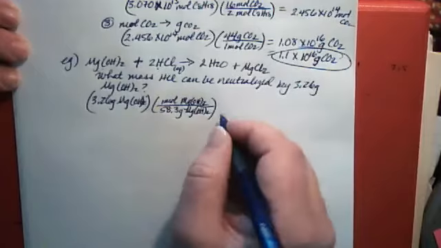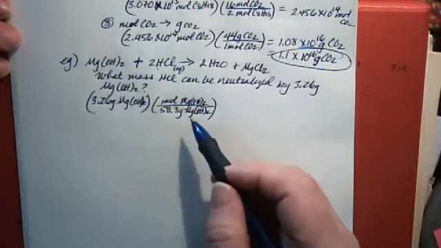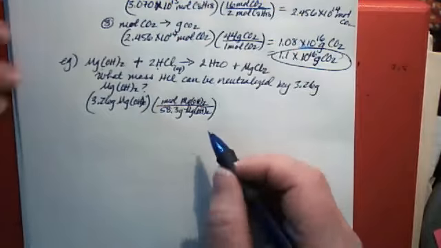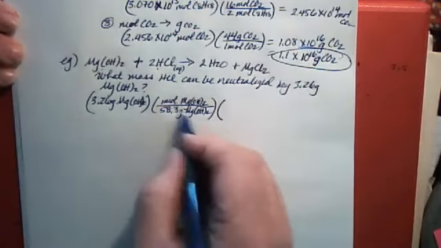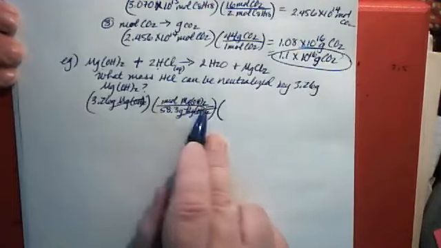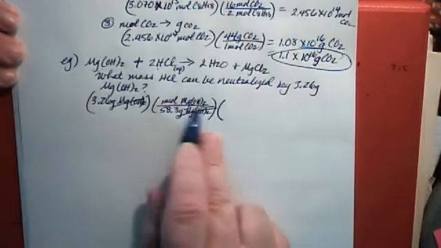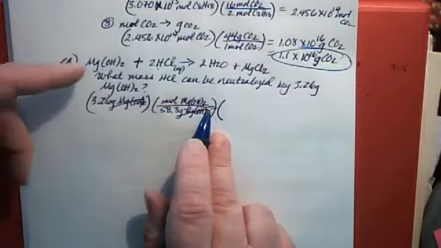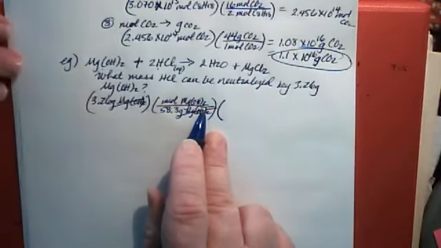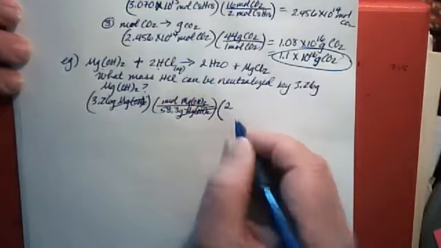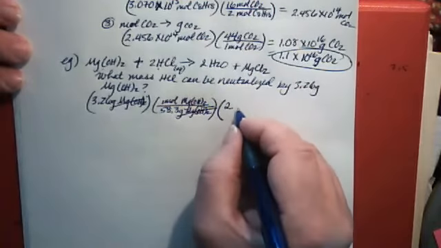And again, you get that by adding up the masses of magnesium and 2 oxygens and 2 hydrogens from the periodic table. Now notice that grams of magnesium hydroxide cancel out, and we would have moles of magnesium hydroxide at this point. But you don't have to stop and write down the moles of magnesium hydroxide. You can keep on going and change that to moles of hydrochloric acid just by using the stoichiometric ratio from the equation.